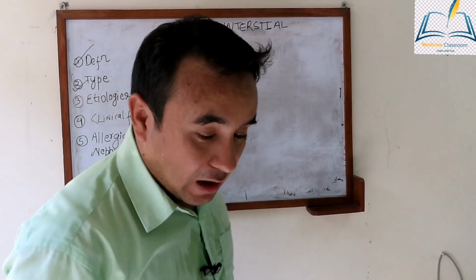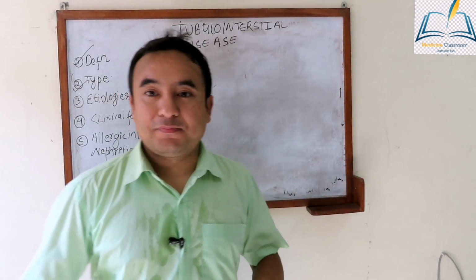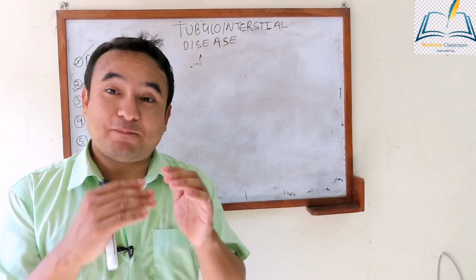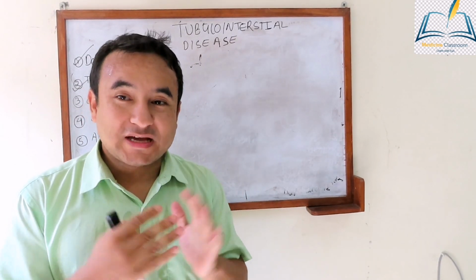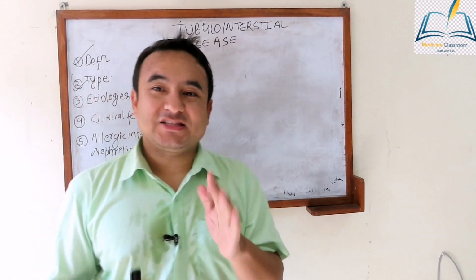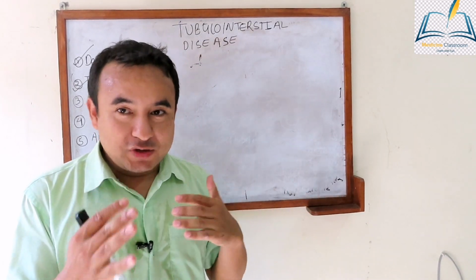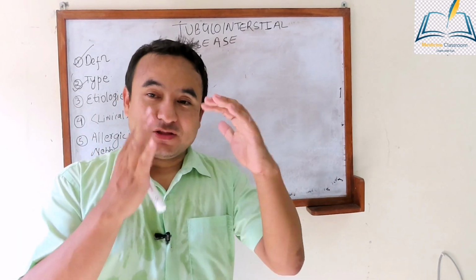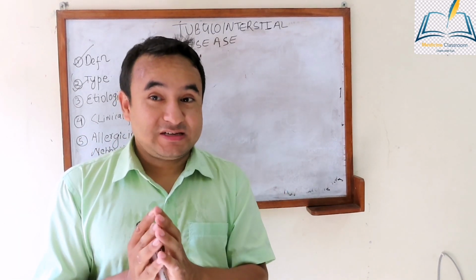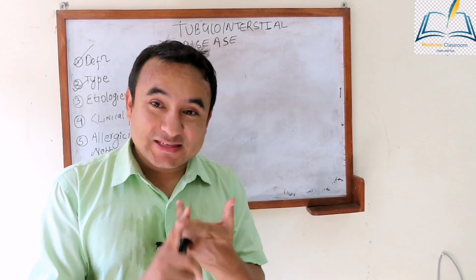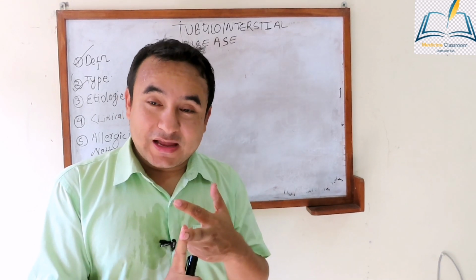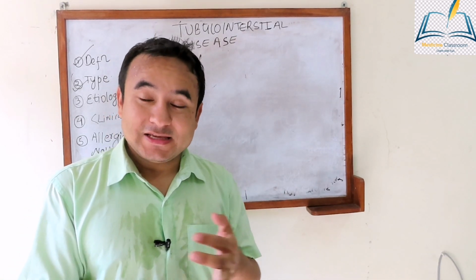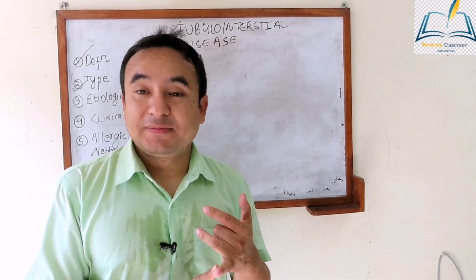So till now we have discussed the definition of tubulointerstitial disease. It is a condition where there is predominant involvement of the tubules and the interstitium. It is of two types, acute and chronic. They differ in cause, etiology, and presentation. The common causes of acute interstitial disease are therapeutic agents like NSAIDs, infectious agents like different bacteria, autoimmune causes like SLE, and acute obstructive uropathy.